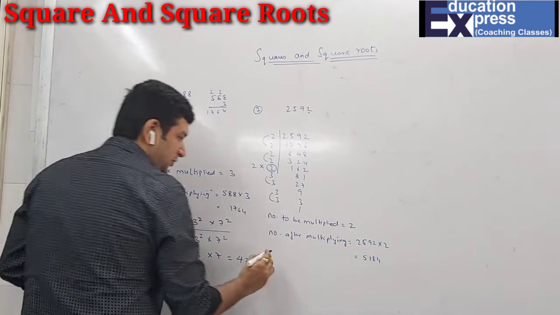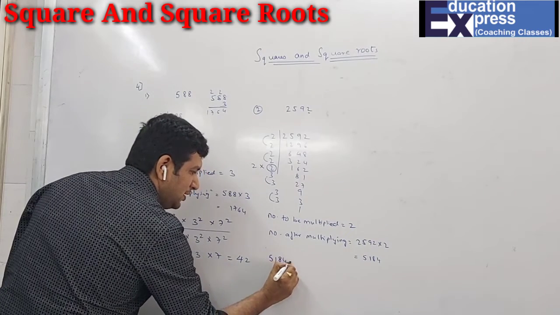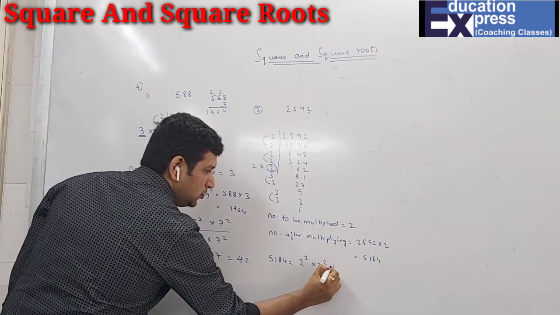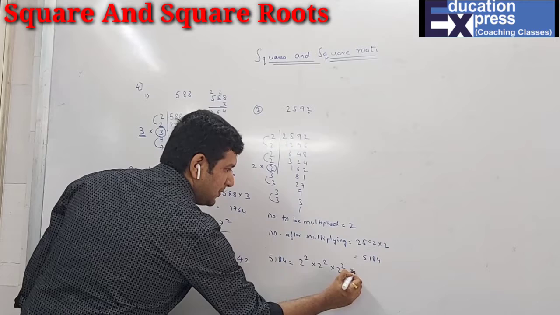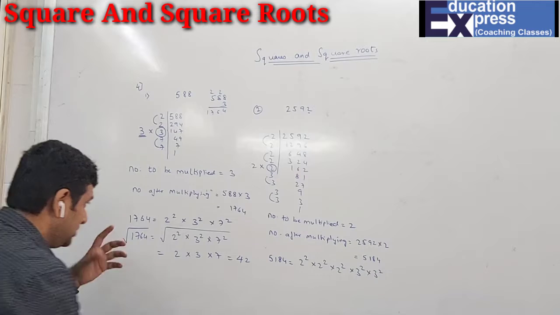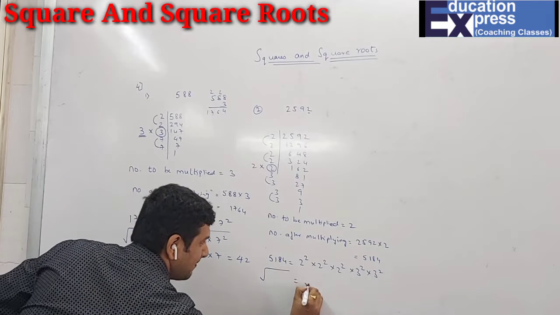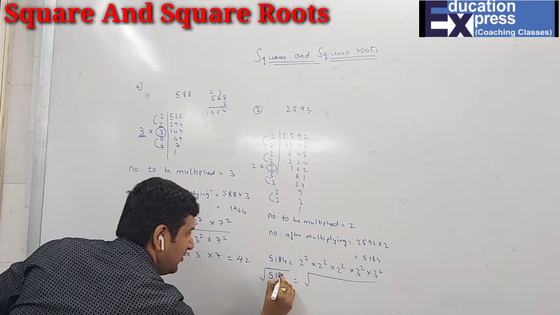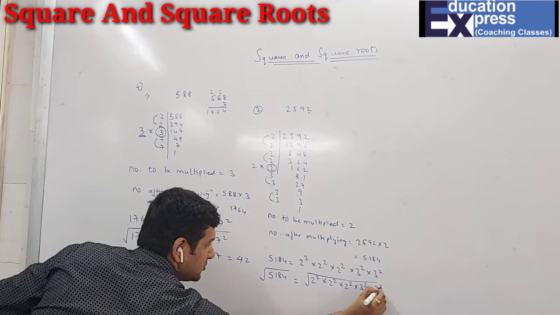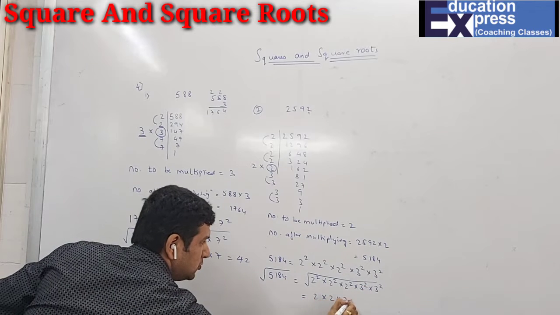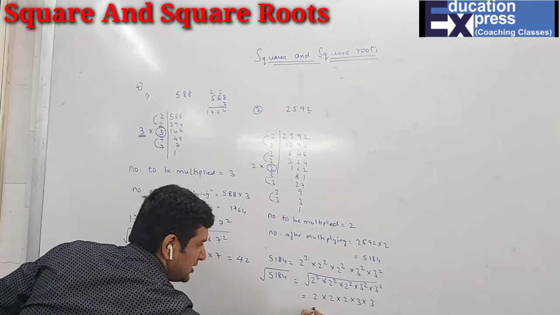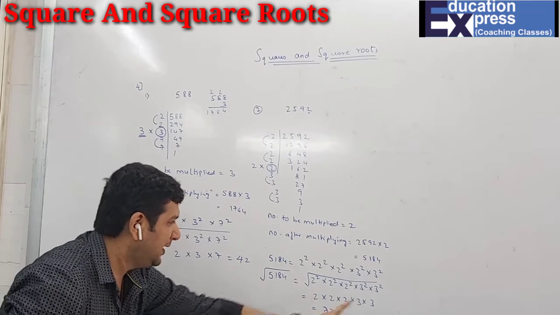And now the square root, obviously it's very simple. 2 square, 2 square, 2 square, 1, 2 and 3, and then 3 square, 3 square. When I write the square root sign, under the square root sign, 5184 is 2 square, 2 square, 2 square, 3 square, 3 square, and the answer is 2, 2, 2 and 3, 3. 2 2s are 4, 4 2s are 8, 8 3s are 24, 24 3s are 72 is the answer. 8 into 9 is 72.